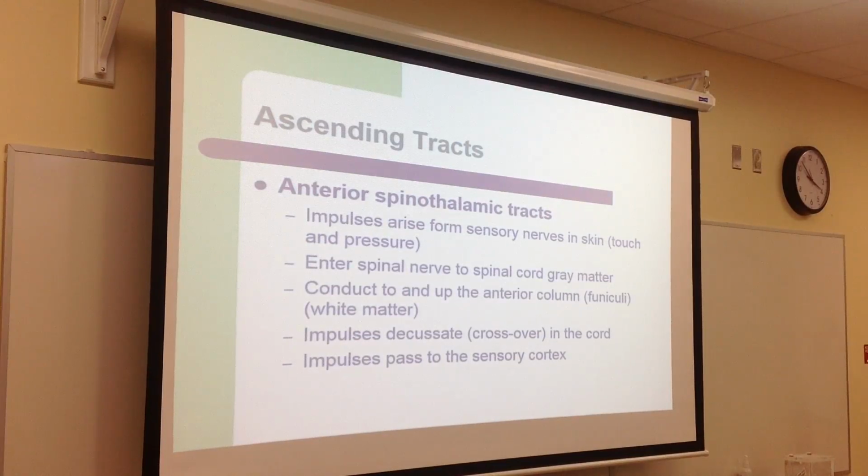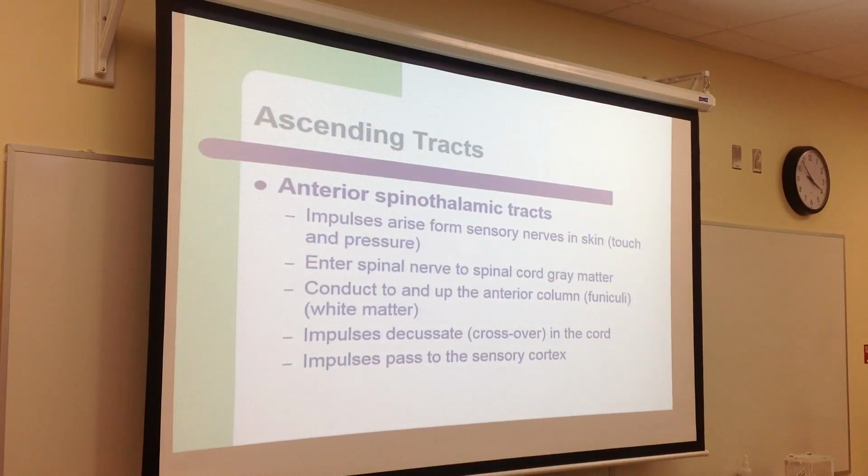That's where the cell body is for that first sensory neuron. Enters into the posterior gray horn of the cord. Now, here's another word that you can use in dinner conversation. It decussates, or in other words, crosses over, in the cord. It crosses from left to right, or right to left, at the level of the cord where it entered.